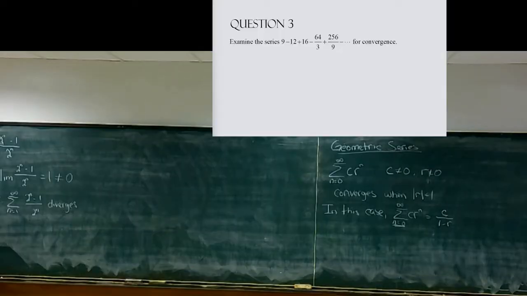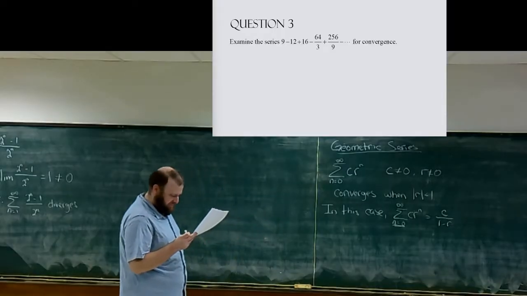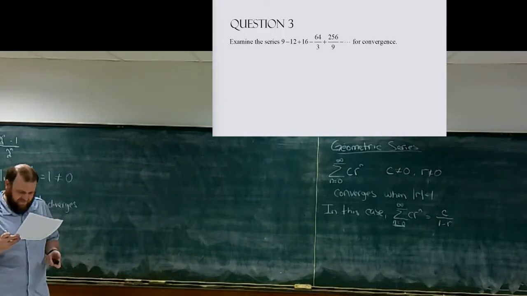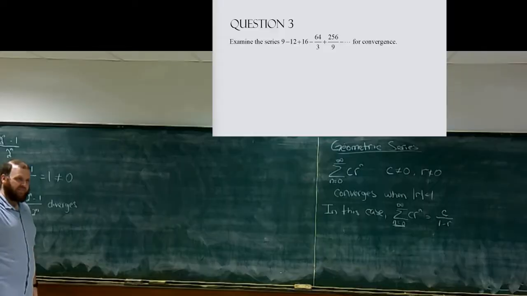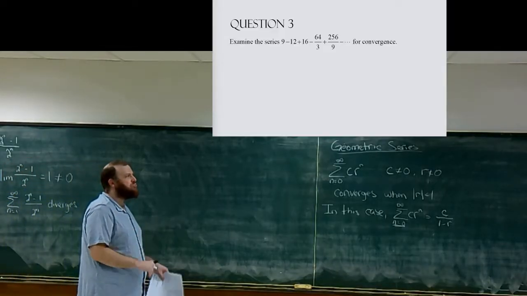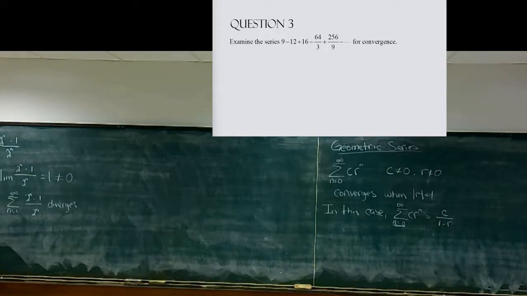All right, let's look here. 9 minus 12 plus 16 minus 64 over 3 plus 256 over 9 minus, and so on and so forth. So what would the next term be?